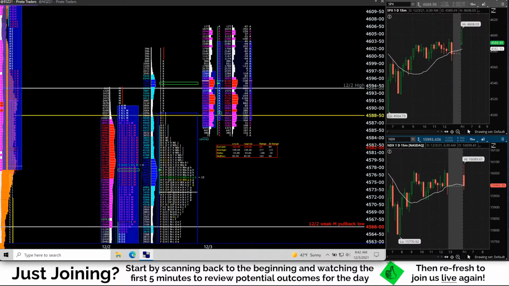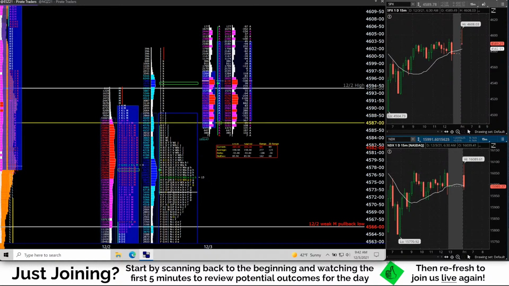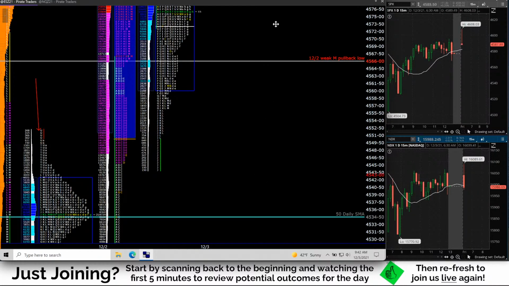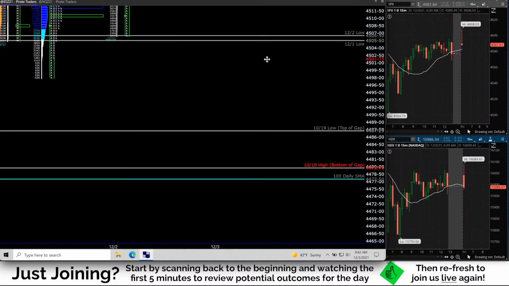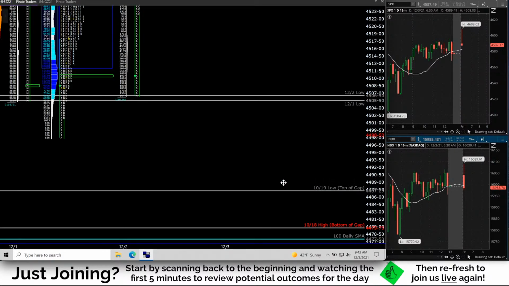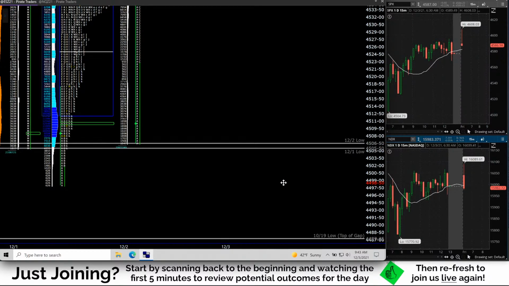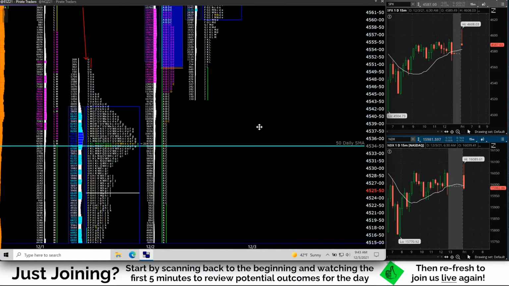Donkey says, think we're going down to 4,500. I mean, I reckon if we get down there, we're probably going to the 100 daily SMA.